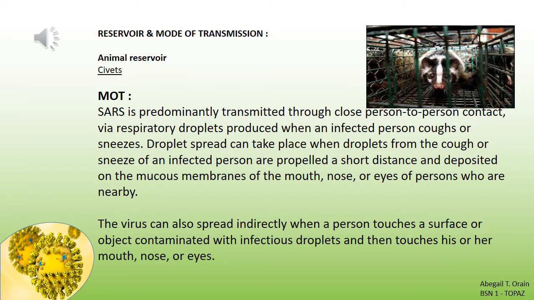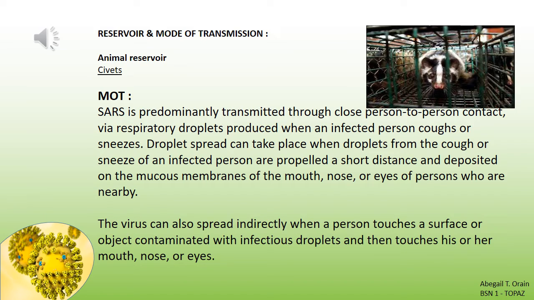The mode of transmission of SARS is predominantly through close person-to-person contact via the respiratory droplets produced when an infected person coughs or sneezes. Droplet spread can take place when the droplets from the cough or sneeze of an infected person are propelled a short distance and deposited on the mucous membranes of the mouth, nose, or eyes of persons who are nearby.